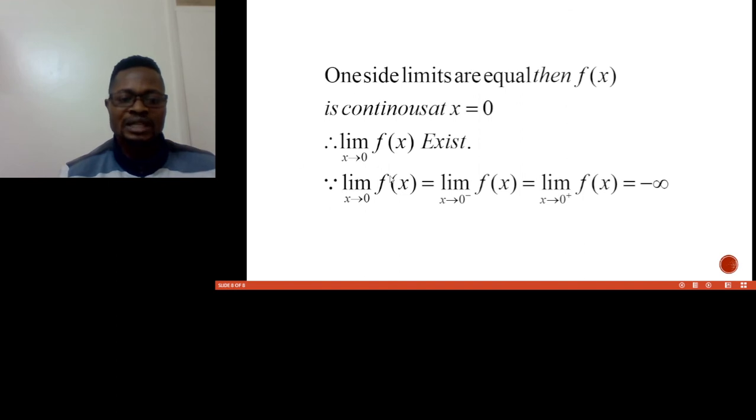So we will say that our limit as x tends to 0 of this function f of x exists. Why? Because the limit as x tends to 0 from the right is equal to the limit from the left. Why? Because both of them are negative infinity.